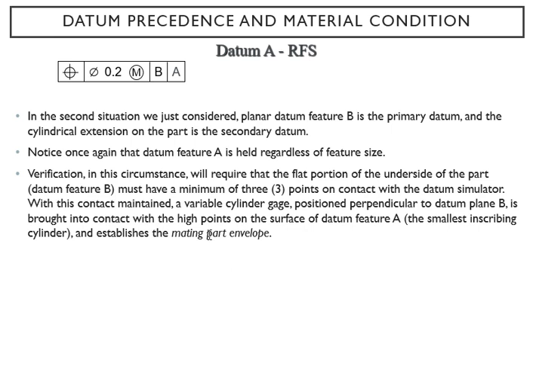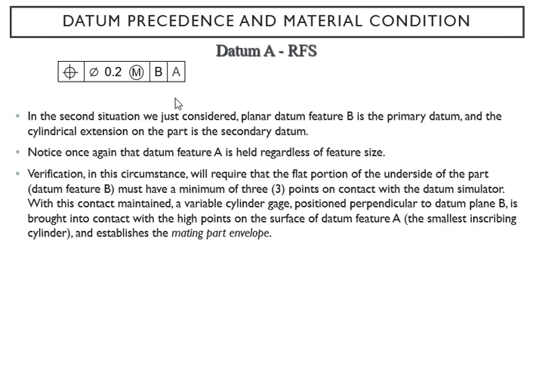For verification purposes, in this circumstance, we're going to require the flat portion of the inner side of the part, datum feature B. This is just doing a verification of your dimensions. So a minimum of 3 points have to be in contact with your tool, which is your gauge in this example, and you maintain that contact. Then we play with a variable cylindrical gauge because you're establishing that axis in the plane.